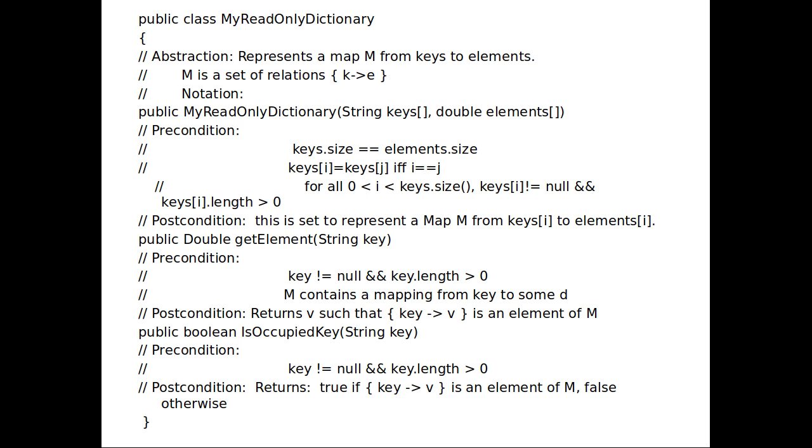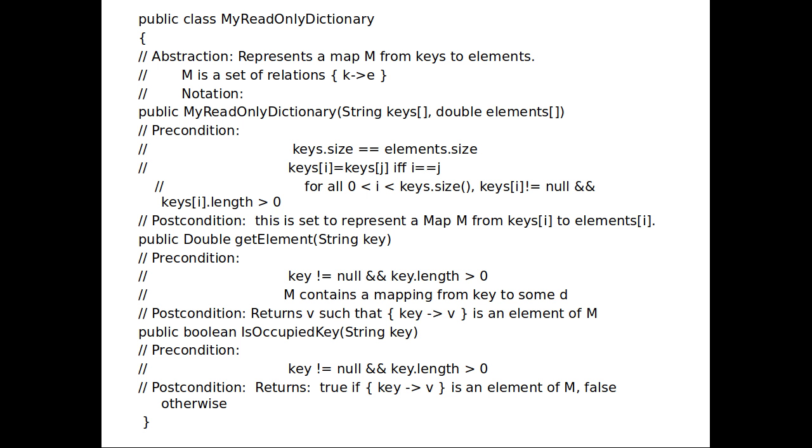Basically, there's no duplicated keys. In other words, if key sub i equals key sub j, it's got to be that i is the same as j. There's no cases where we have duplicated keys, and that holds for all elements here. So the post condition, this is set to represent a map from keys to elements. So that's the post condition of the constructor.